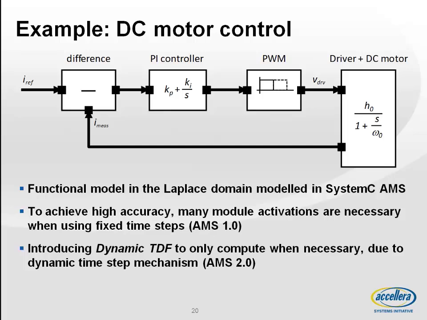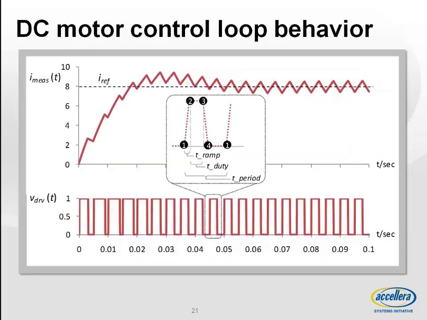If you want to control it in a good manner, I think we need those types of extensions. So here you see the end result of the signal that comes out of your pulse width modulator. You see that indeed the pulse width changes, and you see the current through the motor, which is going to settle and reach its final state. So this type of system you can now easily model with SystemC AMS.